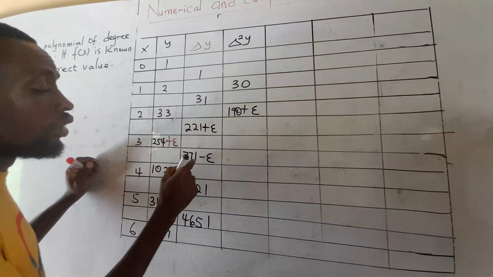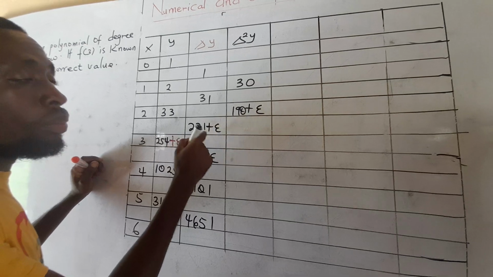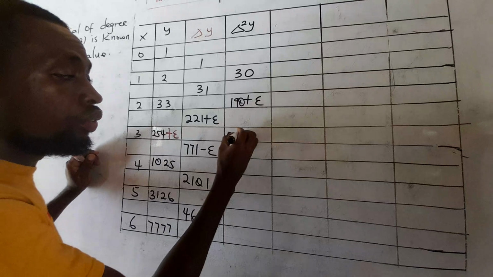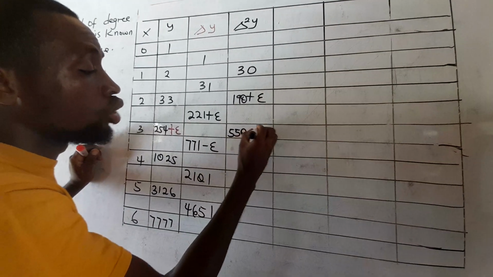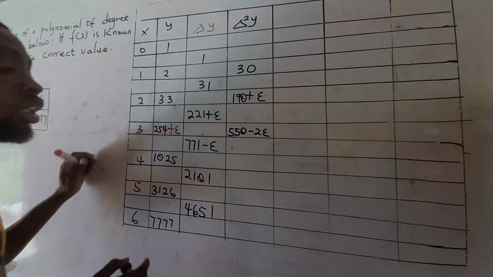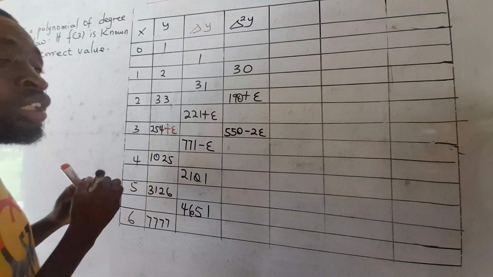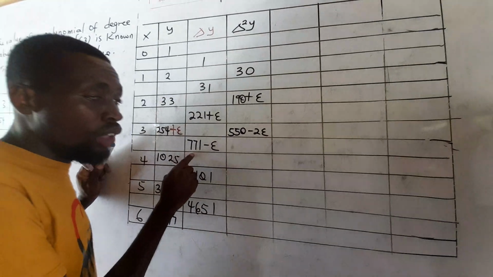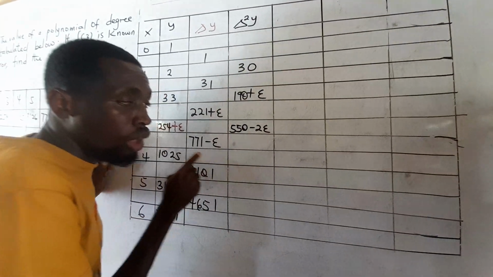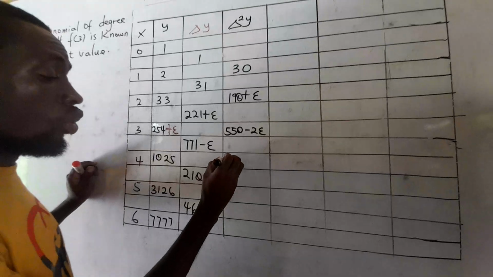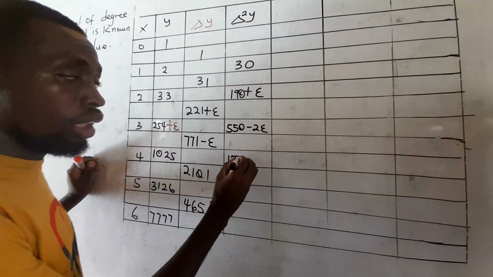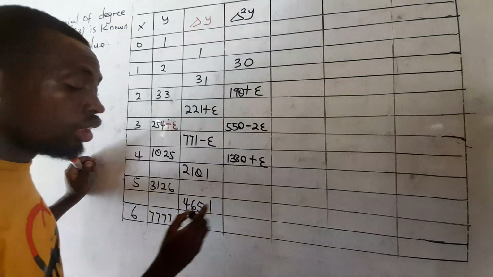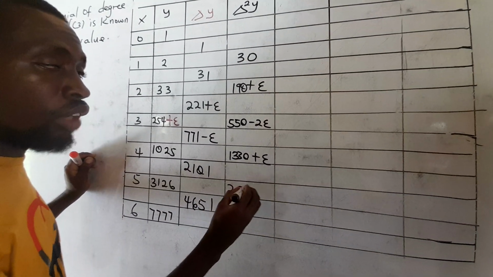Then 771 minus error minus 221 plus error will give me 550 minus 2 error. Then this from this, that's 2101 minus 771 will give me 1330 plus error. Then this from this will be 2550.